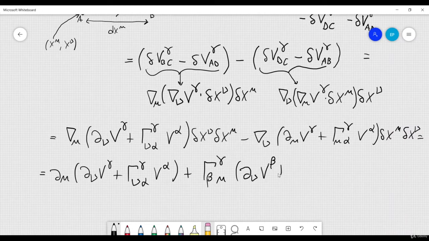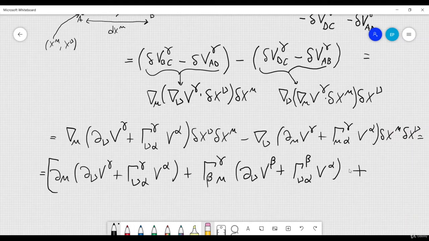And we have plus gamma, beta, nu alpha, v alpha. And then we have to consider this part here. I will also factor out these differentials here, so I will not write them here. So let me put a bracket, and I have to remember that at the end of my expression, I will have to multiply by these two differentials here because they appear in both terms and they can be factored out.